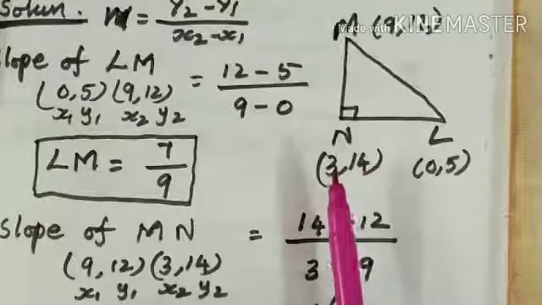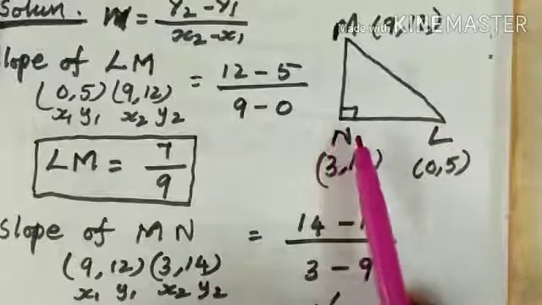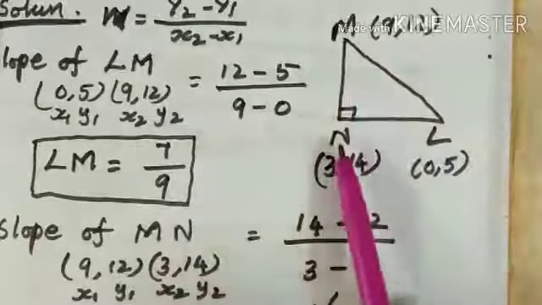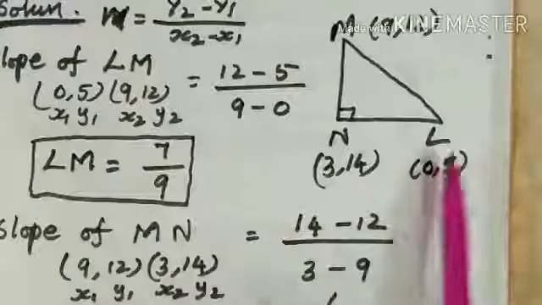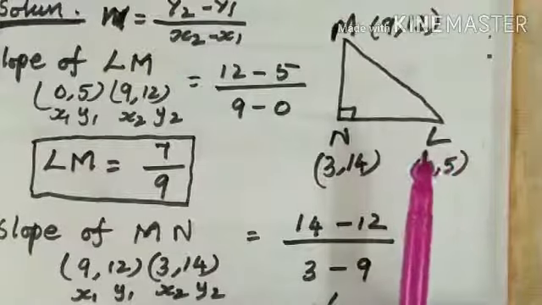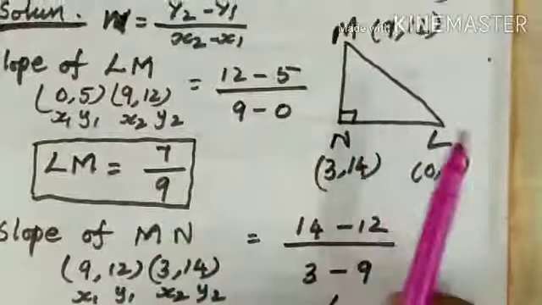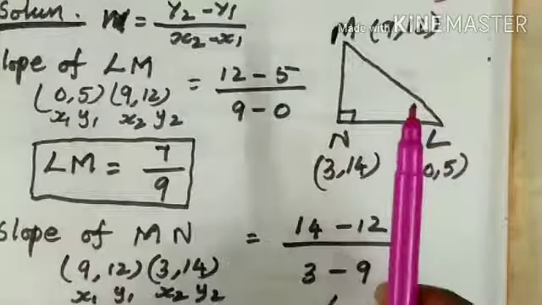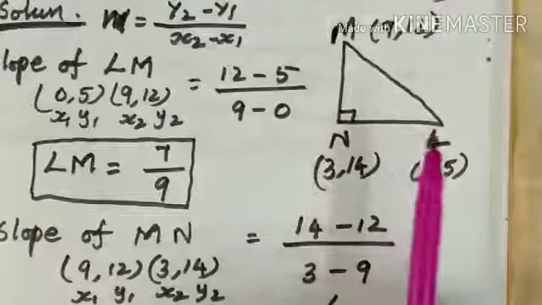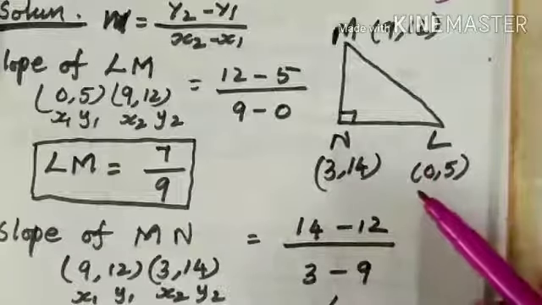Now mark these points on the diagram. Here you put N, then M, N, L. Now you write the given points and find the distance of each side of a triangle and check whether it satisfies the Pythagoras theorem concept.